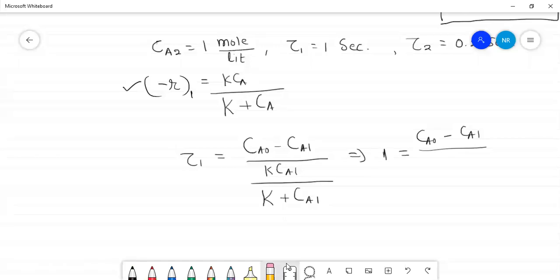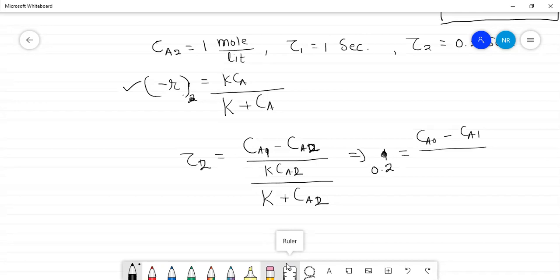So let's find R2 first. I remove this one. So tau 2 is equal to Ca1 minus Ca2 divided by k Ca2 over capital K plus Ca2. We have tau 2 equal to 0.2 second.